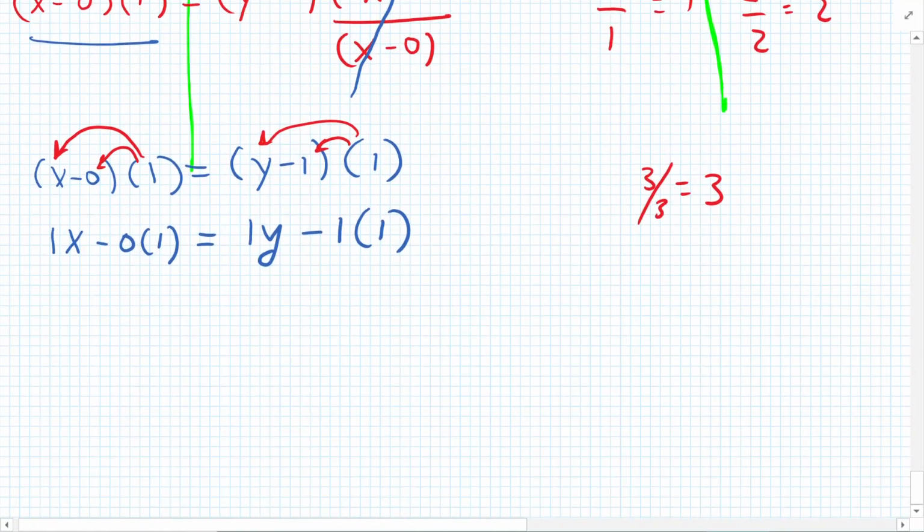Okay. 1 times x is x. 0 times 1 is just 0. 1 times y, let's just write y. 1 times 1 is 1. X minus 0 is just x.